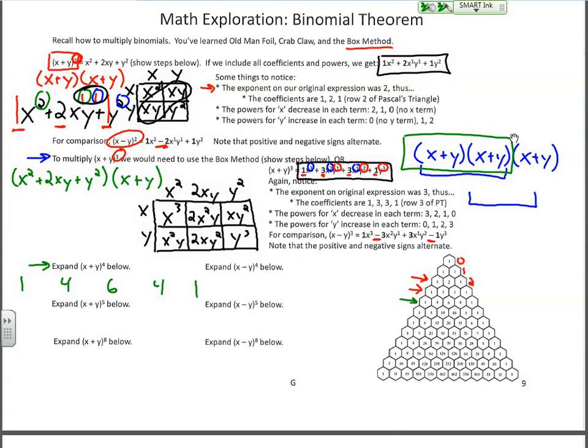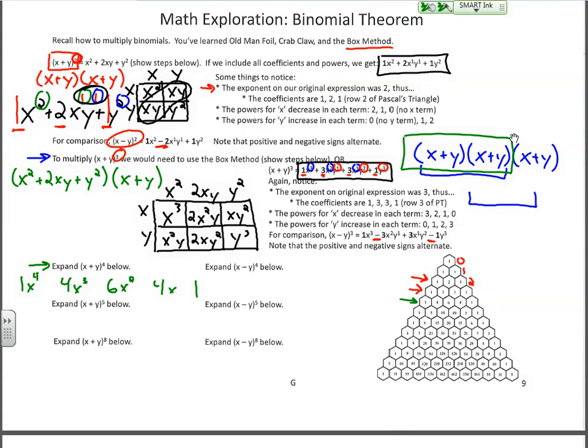I know my x powers are going to decrease in each term. So starting with x to the fourth, x cubed, x squared, x, then x to the 0. It's like it's not even there.